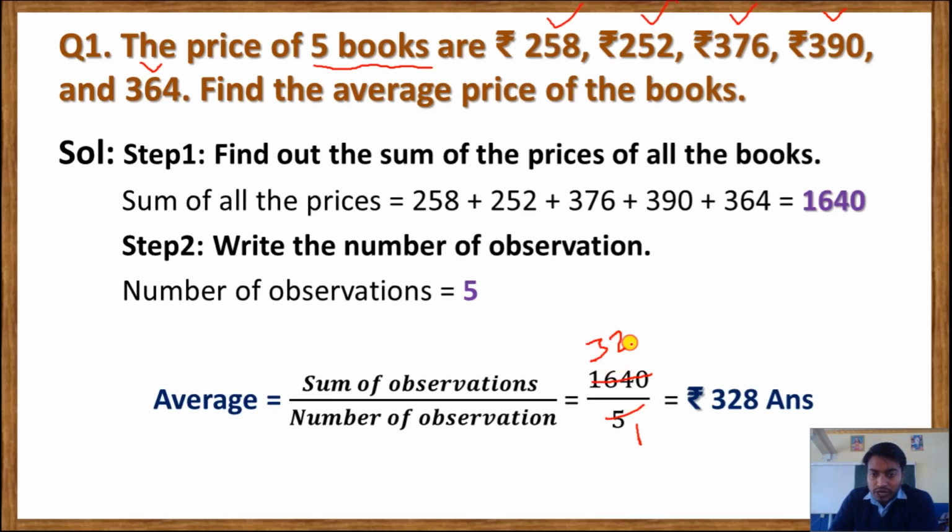It will go 2 times. 5 2s are 10. Now 4 left, 40. 5 8s are 40. So when we reduce the term, we get 328. This is the average. This is how you find the average when you have data like this, understood?